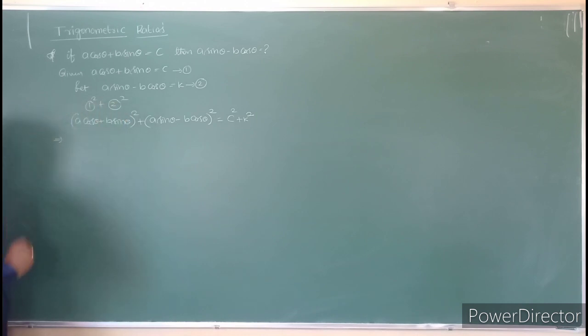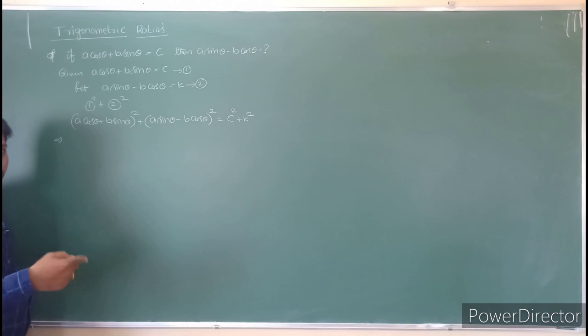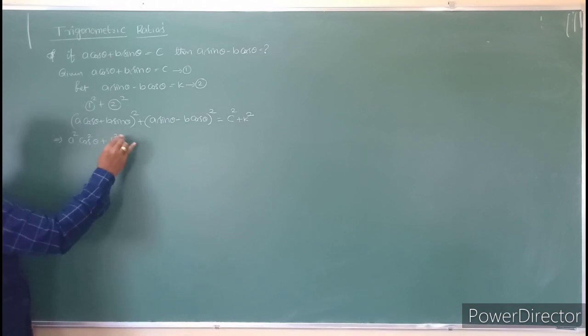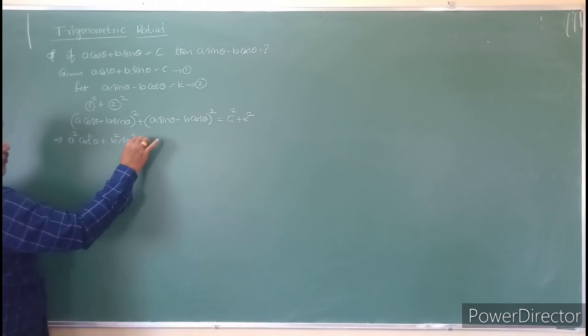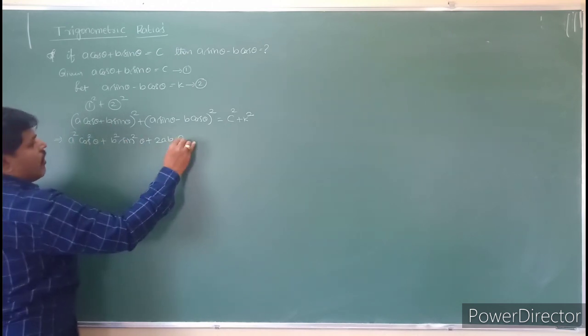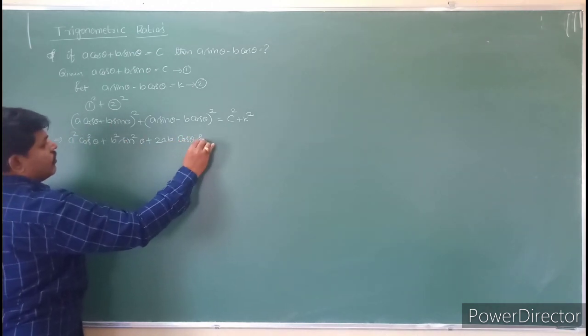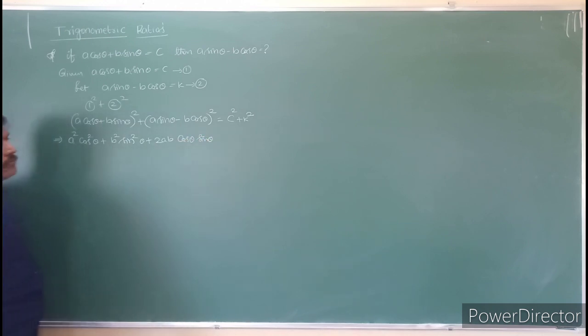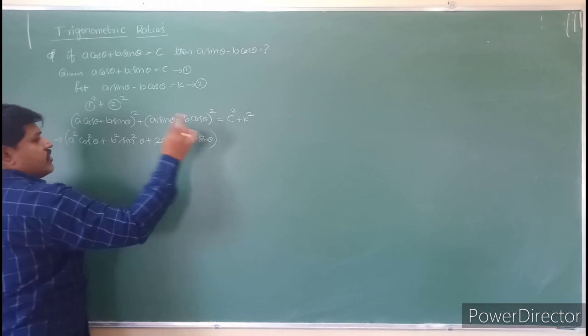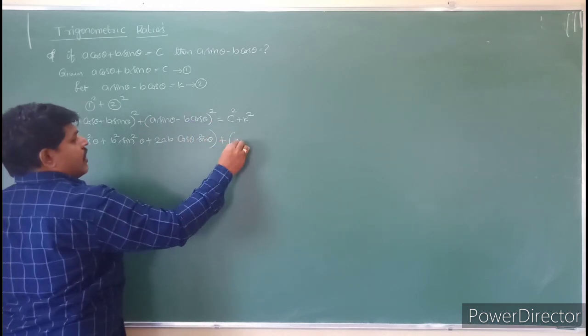A plus B whole square formula, A square plus B square plus 2AB. That means A square cos square theta plus B square sin square theta plus 2AB cos theta into sin theta. This value, expand this value students, what happens?